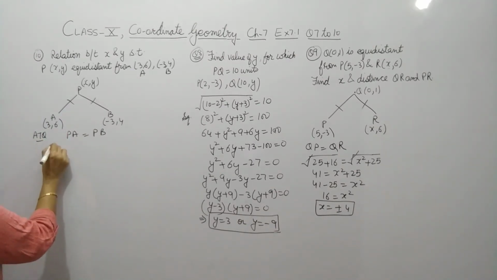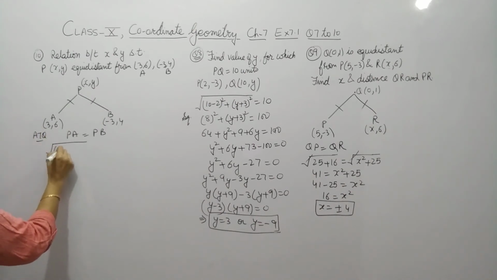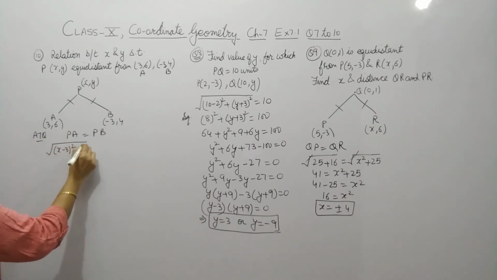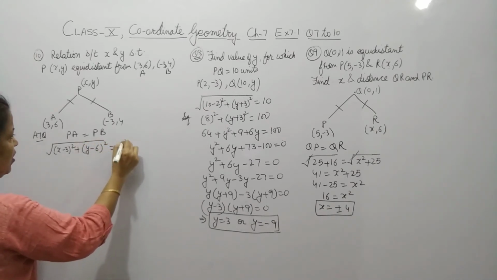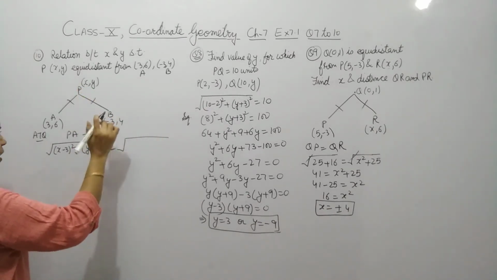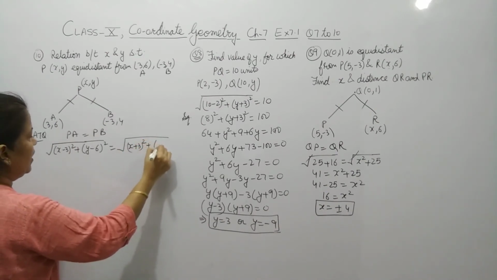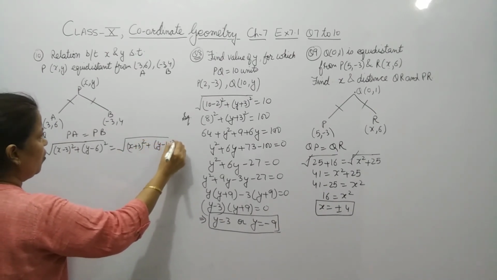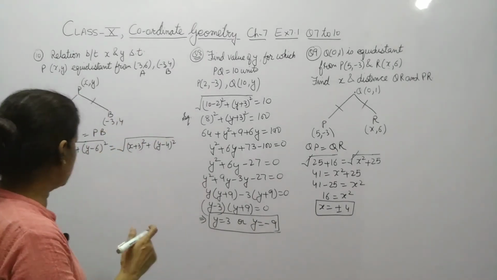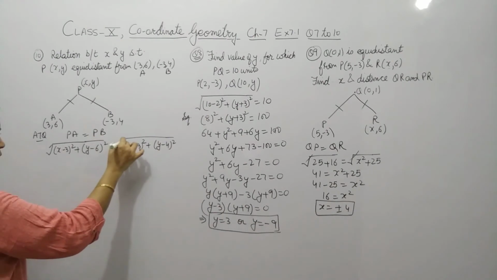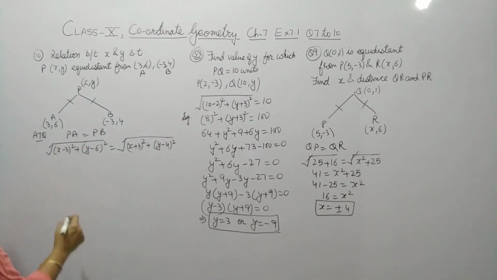So again we will use the distance formula: x minus 3 whole square plus y minus 6 whole square equal x plus 3 whole square plus y minus 4 whole square. Okay. Now in the next step you have to remove the root sign. By squaring on both sides, you can remove the root sign.